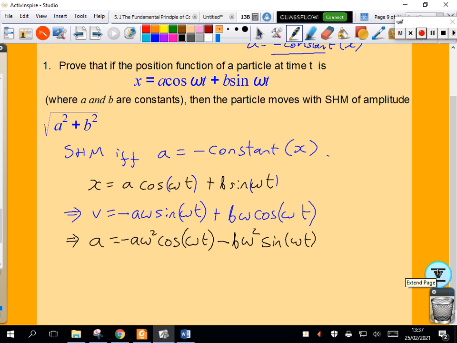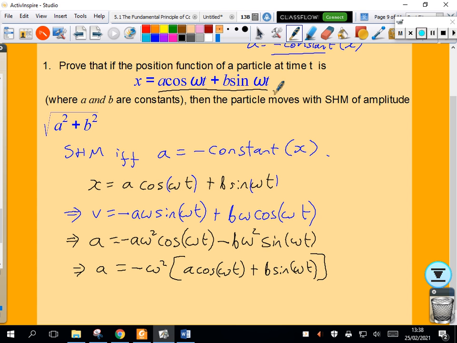The other thing I'm going to do now is try to express this acceleration as a negative constant times the position function. So I'm going to factor out a negative omega squared, and when I factor out a negative omega squared, it's multiplying by a cosine omega t plus b sine omega t, and that quantity inside the square brackets there is exactly what x is, which is equal to negative omega squared x.